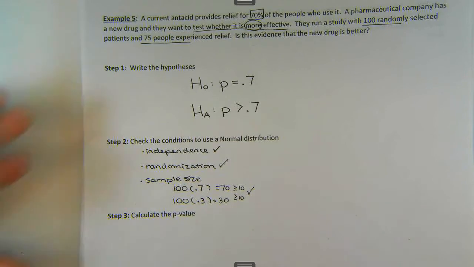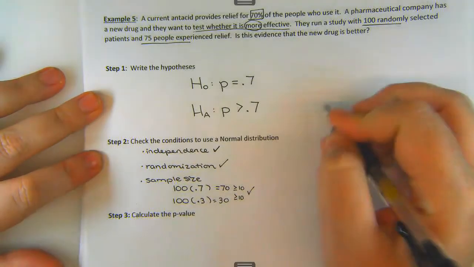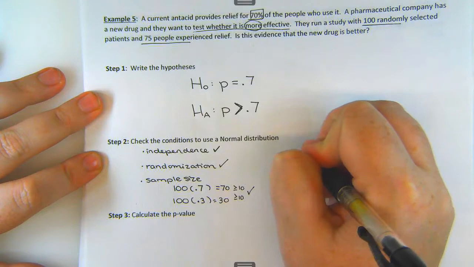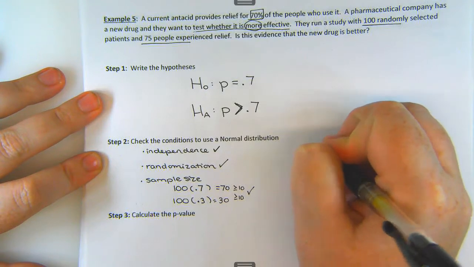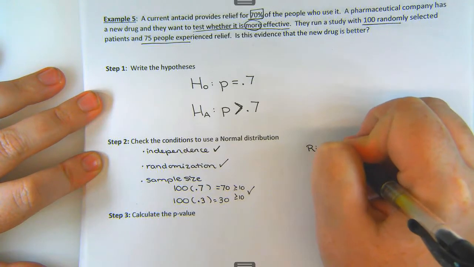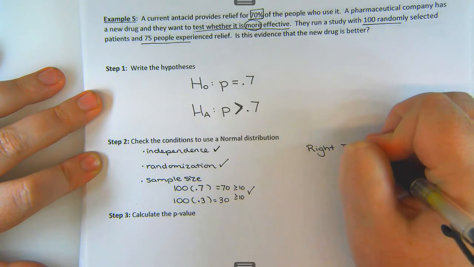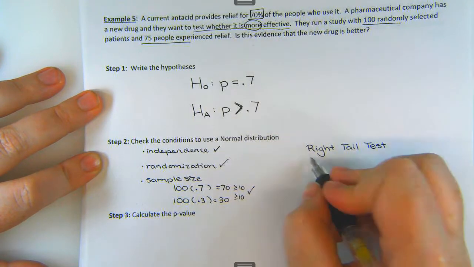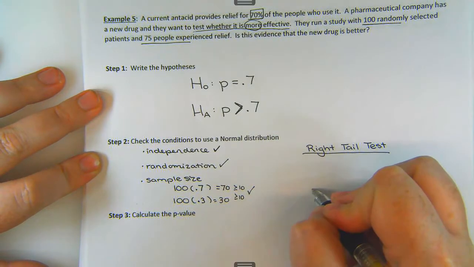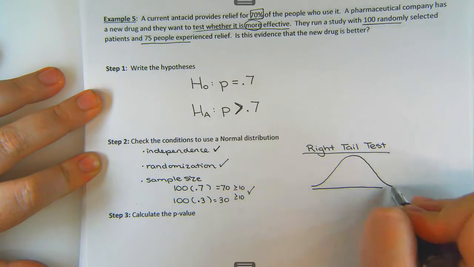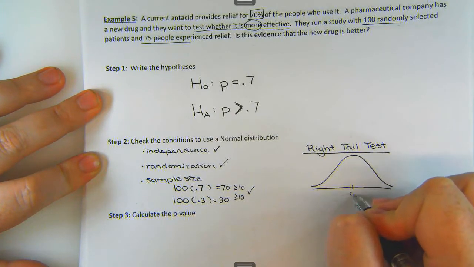From there, just a quick little setup. We're using the more than symbol here, which means it's going to be a right-tailed test. If we're trying to prove that things are large, it's going to throw us into the right tail. So what I want to write down here is that we're going to build this curve, and it's going to be our standard normal curve.